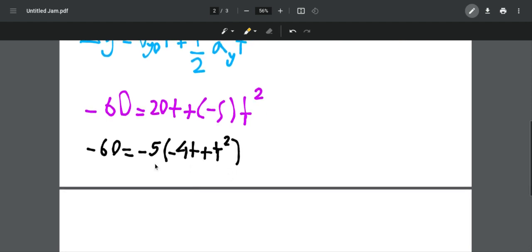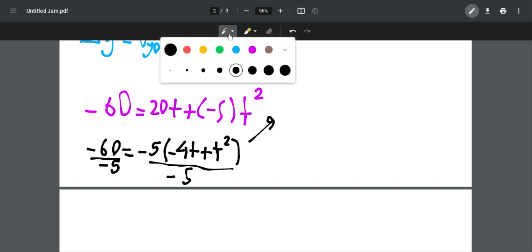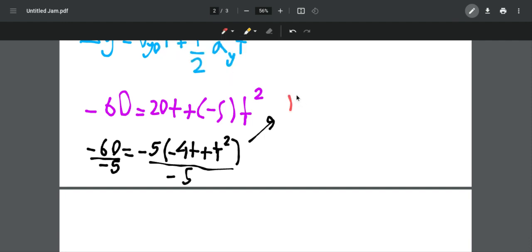Now we divide both sides of the equation by negative 5, so we can have a simpler and easier equation. Here we get our new equation, which is 12, because negative 60 divided by negative 5 is 12. 12 is equal to t squared minus 4t, since the negative 5 cancels.